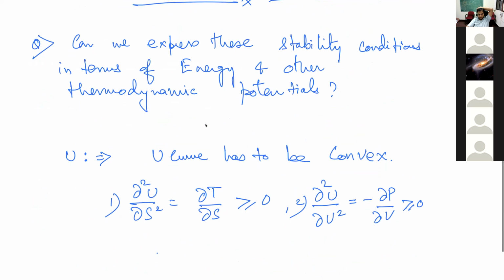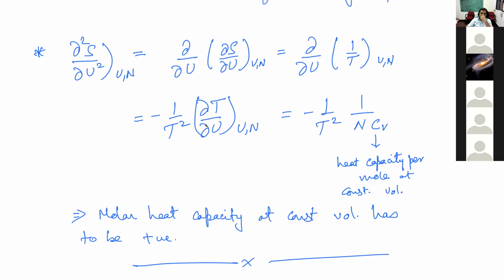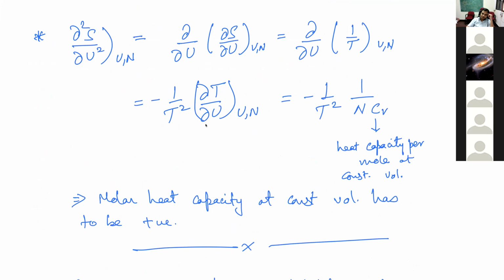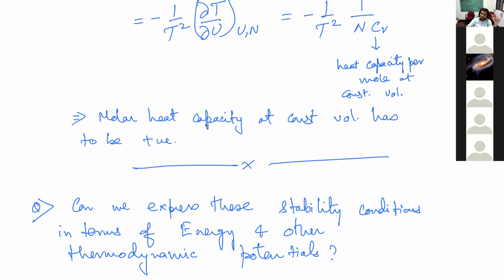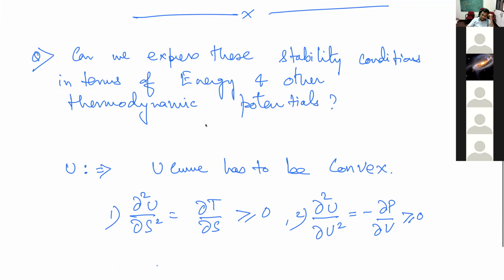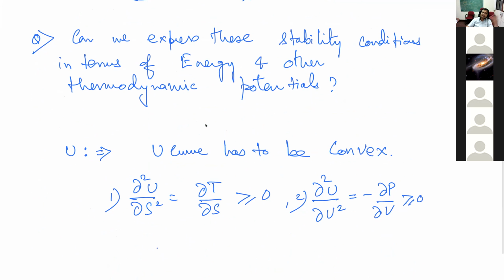Okay, so all the stability criteria till now we saw in terms of the entropy, right? Okay, and then you can ask the question, can you express these stability conditions in terms of energy or in terms of other thermodynamic potentials? Okay, so of course it should be very similar.